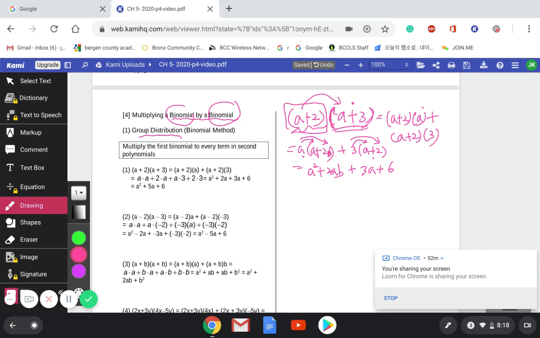Oh, it was just 2 here, a plus 2, so it was just 2. So now a squared plus 2a plus 3a plus 6, 2a plus 3a becomes 5a plus 6. So that's how I got this answer. Okay.